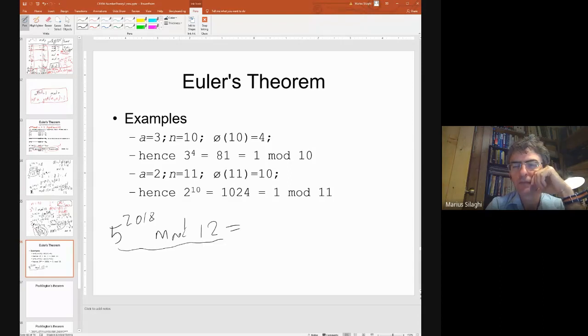The first step is to compute what? Euler totient of 12. How much is Euler totient of 12?